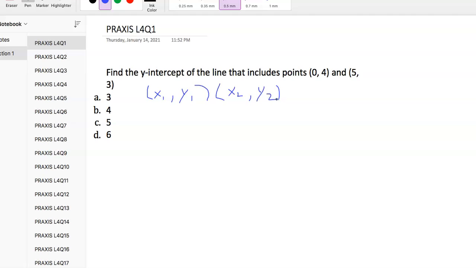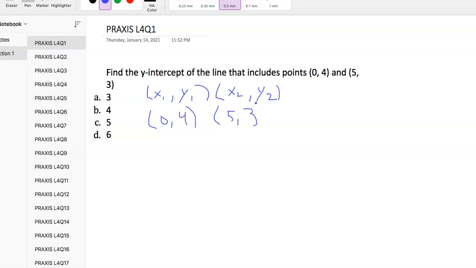Okay, so I'm drawing out x1, y1, and x2, y2. And then when we have slope, it's y2 minus y1. So if we draw this out even further, we have (0, 4). So 0 is x1, 4 is y1, and then we have (5, 3).